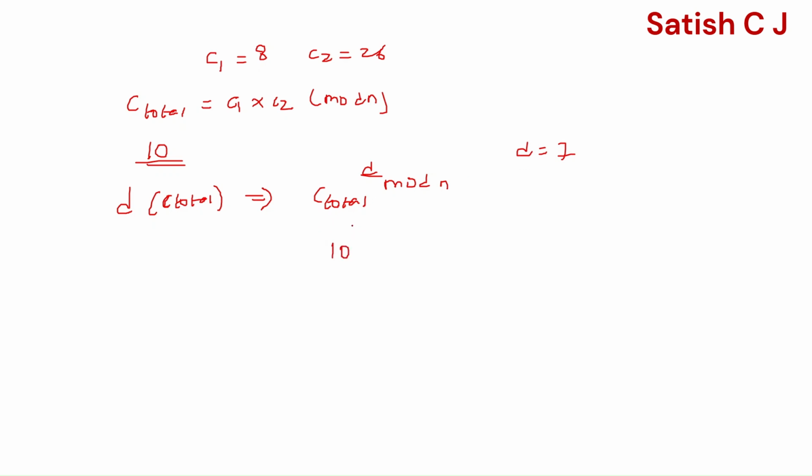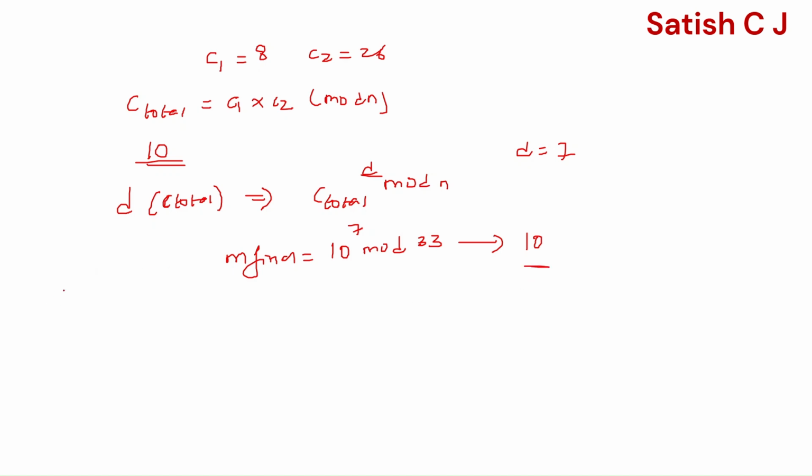So now let us compute. 10 is the value of C total. 10 power 7 mod N, 33. Let's say this value we are decrypting, we call that M final. M final is 10 power 7 mod 33. And what is 10 power 7 mod 33? It is actually 10. So we have decrypted C total to get 10.